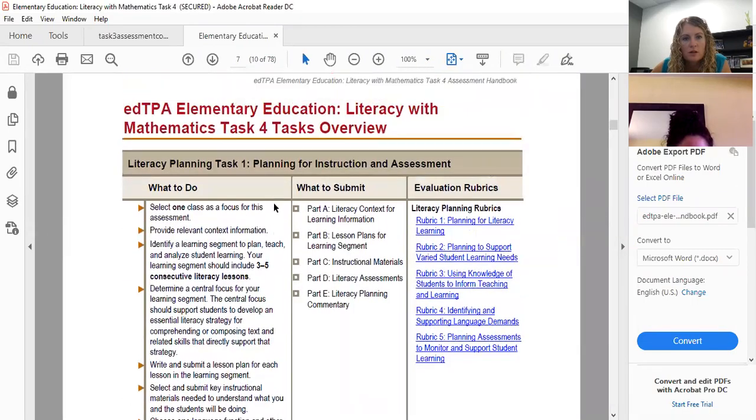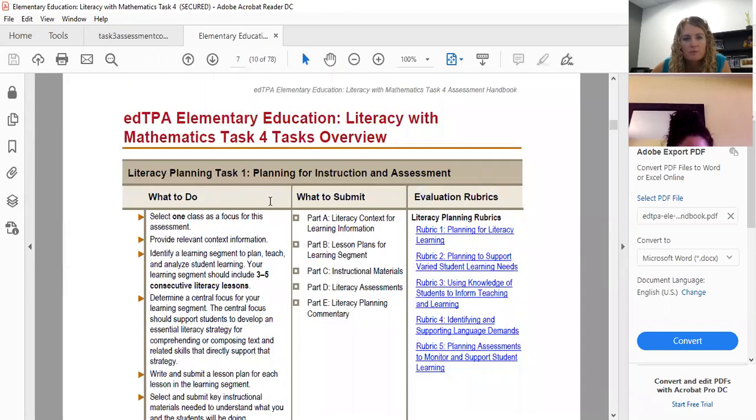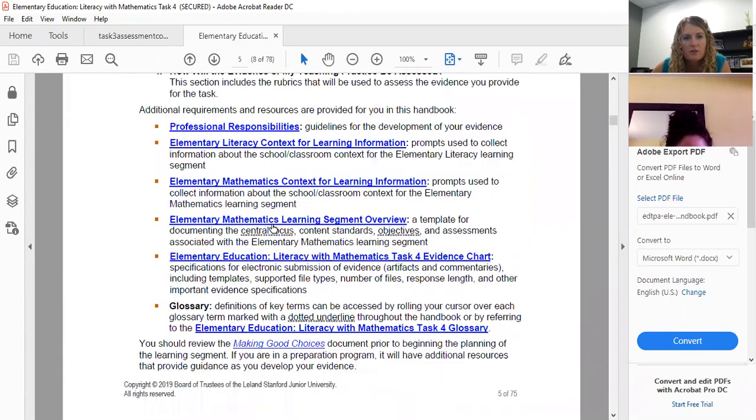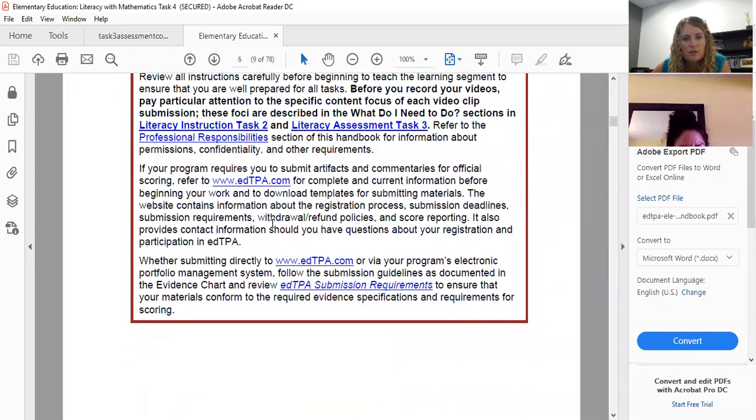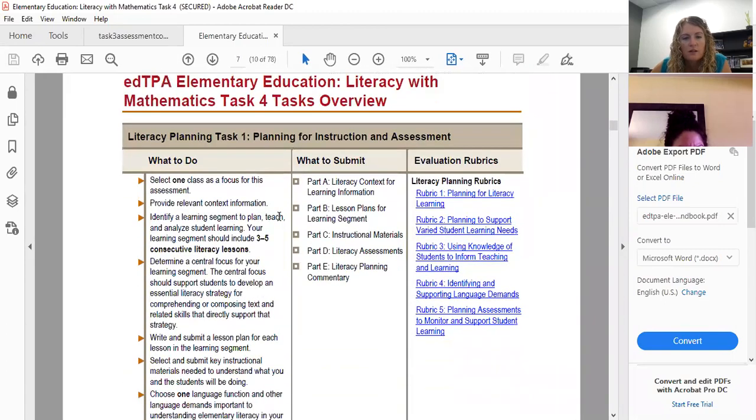So under this overview page, which comes right after structure of the handbook, it tells you what to do, what to submit, and then it gives you a copy of all of the evaluation rubrics that the scorers are going to use to evaluate your work for this task. The what to submit column can also be used like a checklist because these are the pieces of evidence you're going to need. Okay. Task 1, you need A through E here. Or this is task 4.